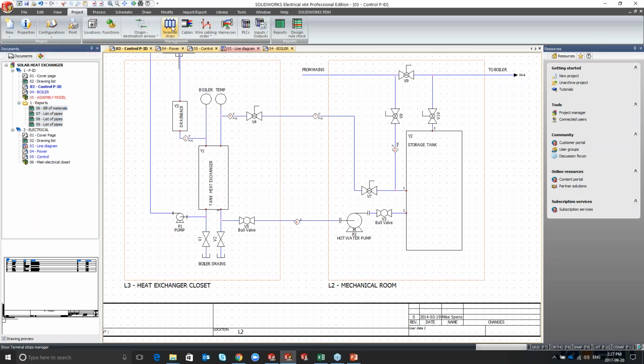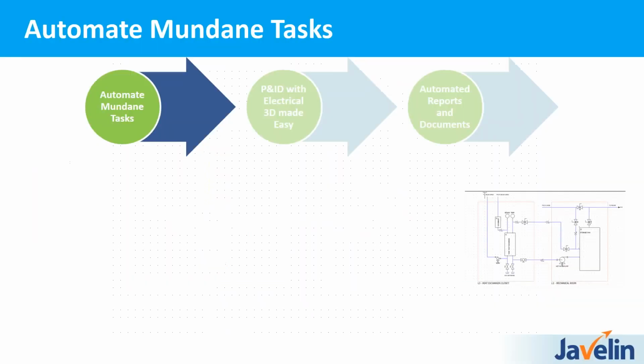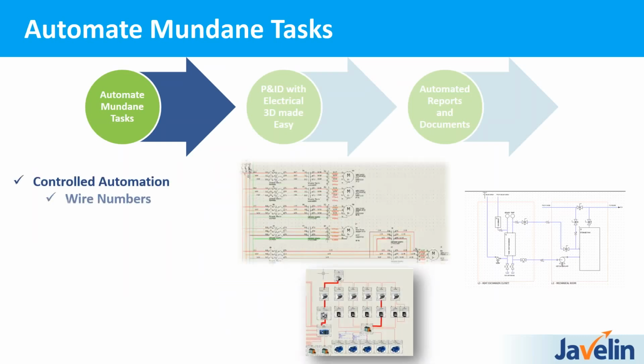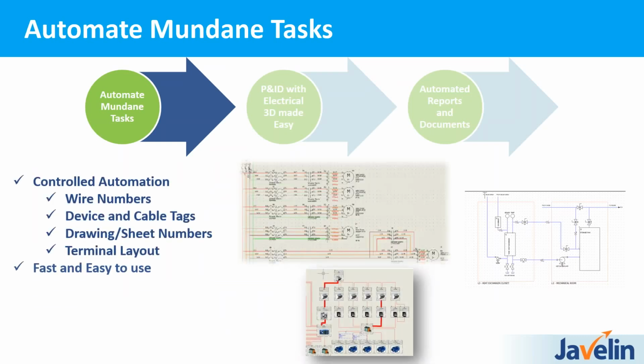Now, the last thing that I like to capture typically is also our import-export process, and before I get to that, I'm just going to quickly do a recap from what we've seen so far. In SOLIDWORKS Electrical, you have controlled automation, be it for devices, drawing sheets, terminal layouts, or it's fast and easy to use. Even with P&ID, it reduces rework.